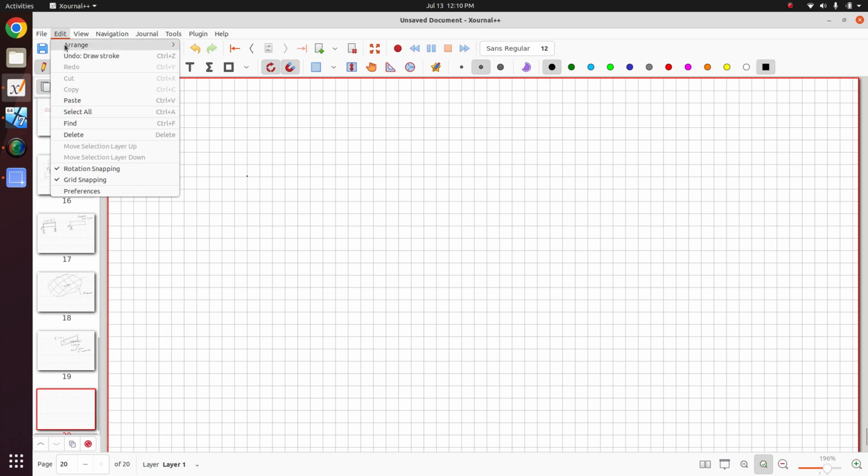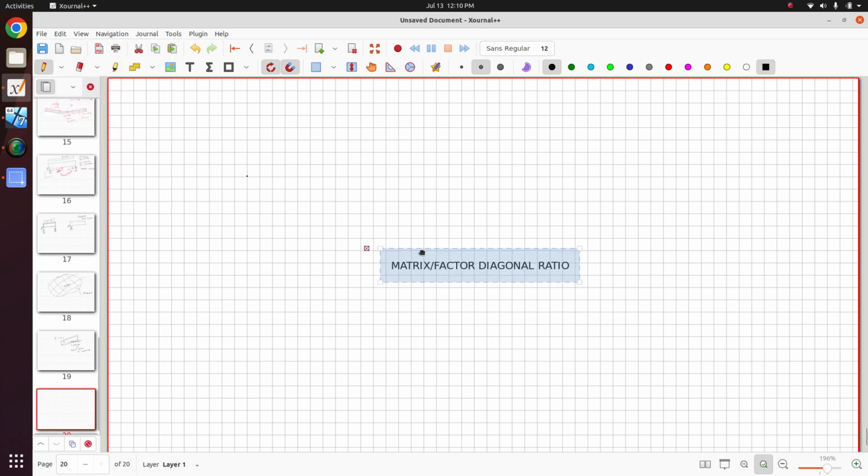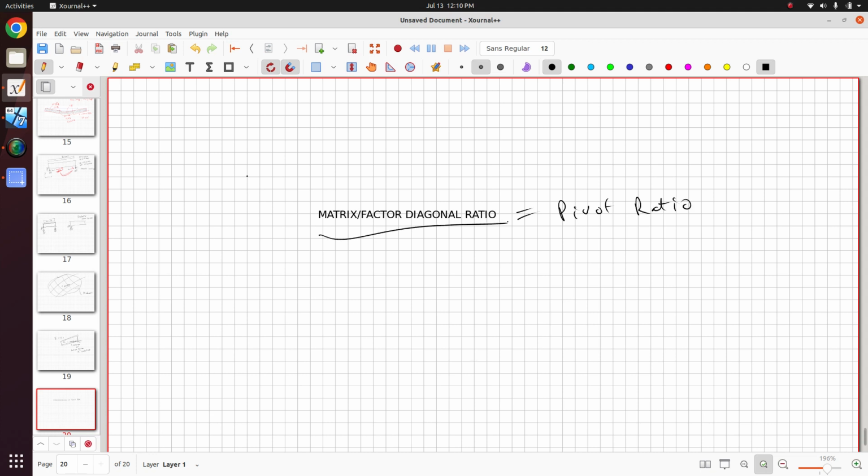So let me see if I can paste it here. Although it's never stated in the documentation, I'm left to assume that pivot ratio is the same as this matrix factor diagonal ratio. So now we have to ask, what is this ratio?